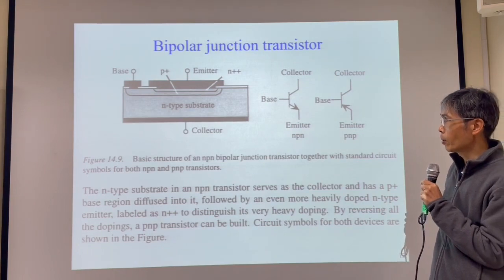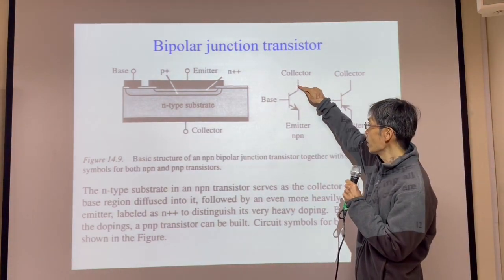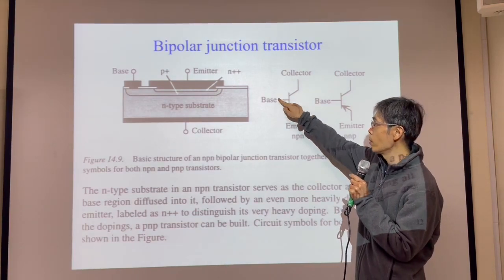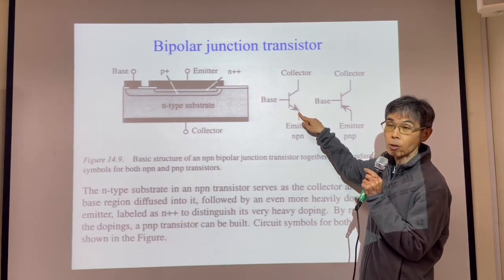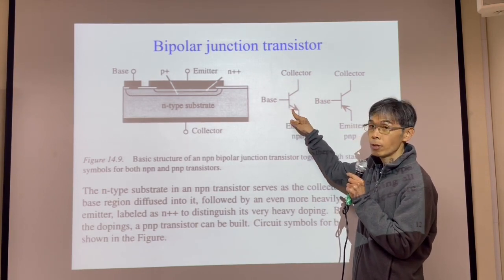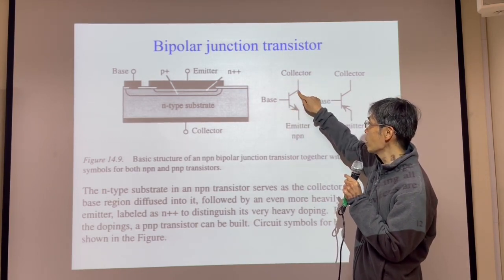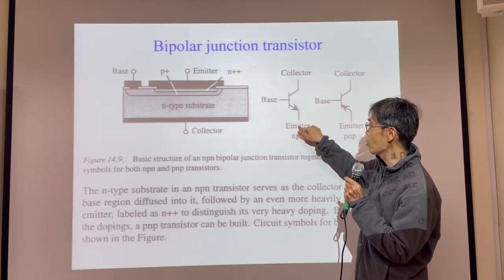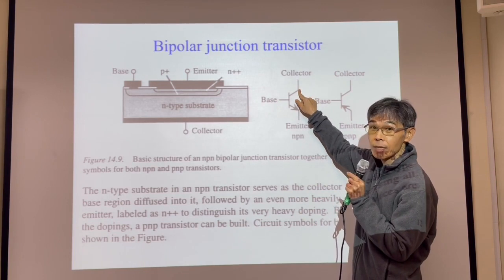So this is VCE positive potential, VE positive potential. If you have a very small positive potential here, so current IC, current IB, current IE, IE equals current IB plus current IC.